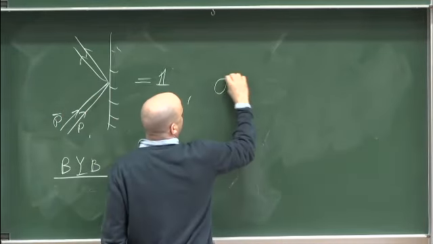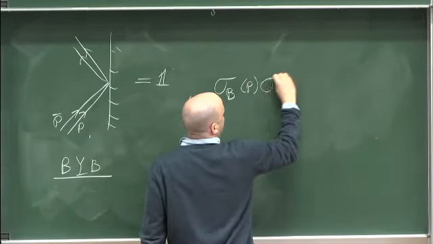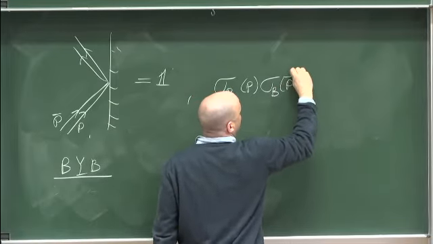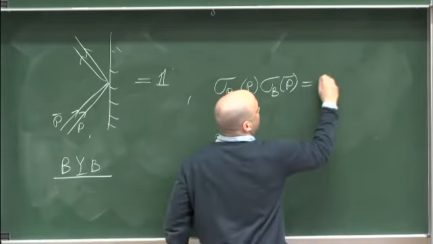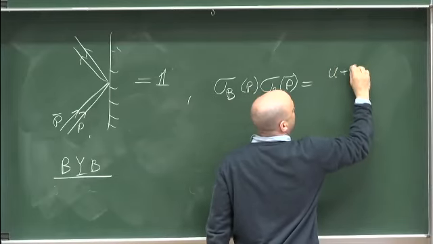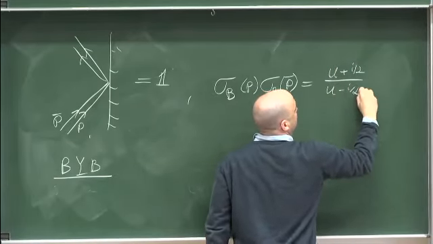And the equation that one gets is that this sigma boundary of p times sigma boundary of p bar, the crossed particle, is equal to u plus i over 2 over u minus i over 2.